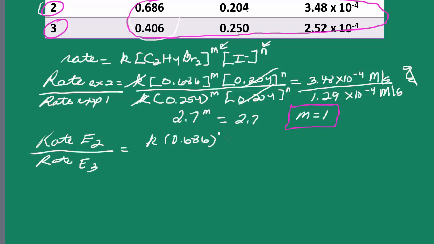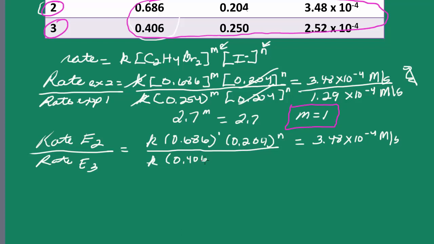And then we have 0.204 to the n power, and that's equal to 3.48 times 10 to the negative 4 molar per second. And I'll go ahead and divide that by experiment 3, where we have k times 0.406, again to the first power, times 0.25 to the n, equal to 2.52 times 10 to the negative 4 molar per second.